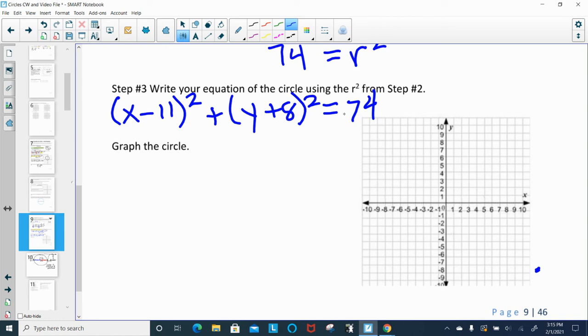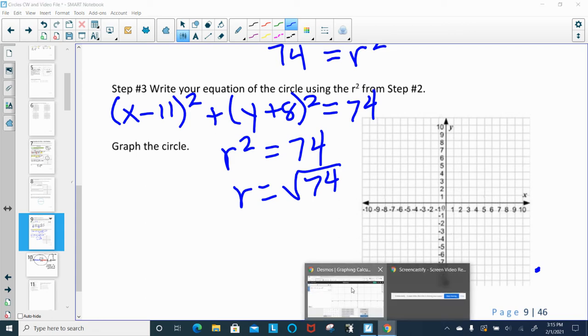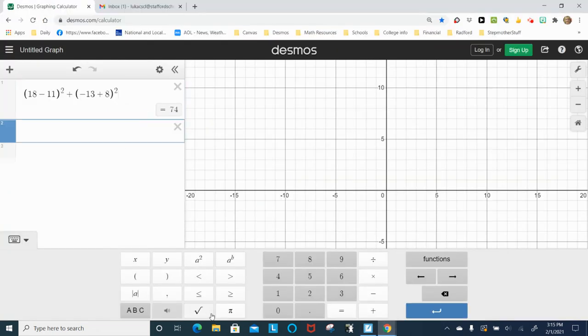But we don't know what the square root is. Remember that 74 is r squared. So r is the square root of 74. And when we go over to the Desmos calculator, we're going to find out that that's a decimal. It's 8.6.